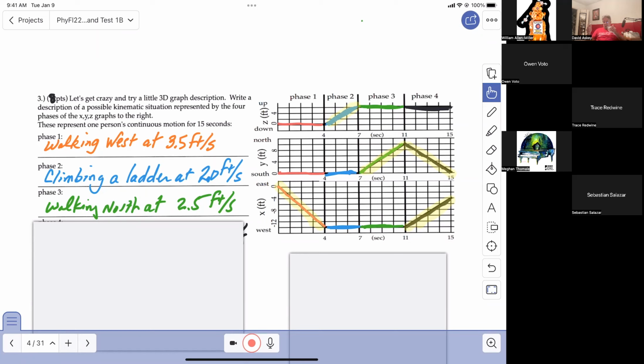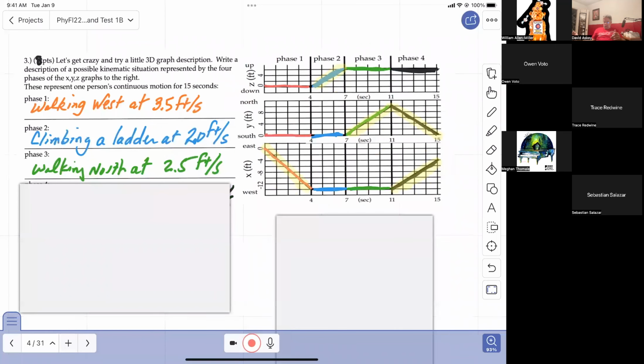Okay. Then we're on phase 4. Phase 4, you're still at that 6 foot height. And I did notice some of you left phase 4 alone when I came around with the stamps, because now you're looking at it and go, wait a minute, 2 things are happening at once. Looks like I'm going south and I'm going east, but please tell me that I made that so they're equal. Otherwise, we're going to have a problem.